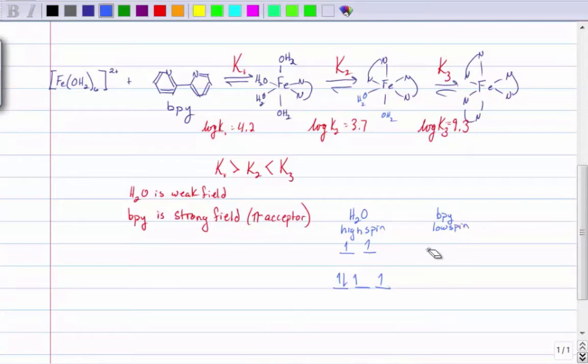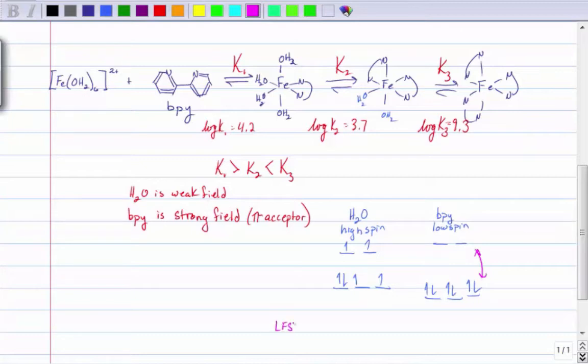So I'm going to split my orbitals even further and put all 6 of the electrons in the lower energy set. So you've increased that splitting, made this gap bigger when you have BIPY as a ligand, and so all of the electrons will pair before they go into higher energy orbitals, and from that you get increased ligand field stabilization energy.